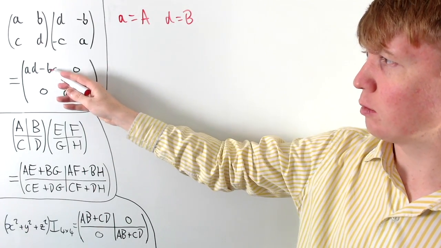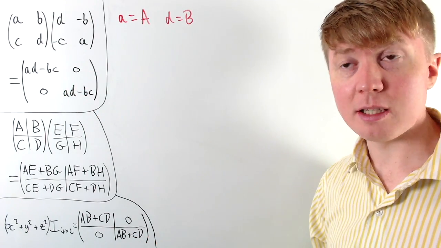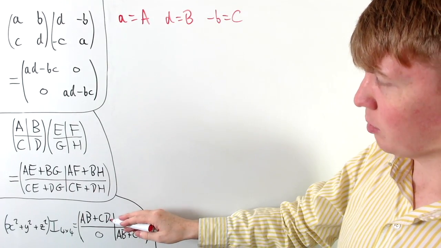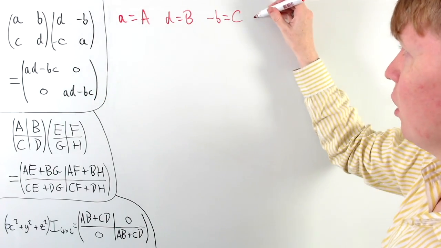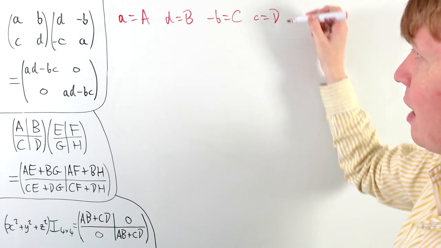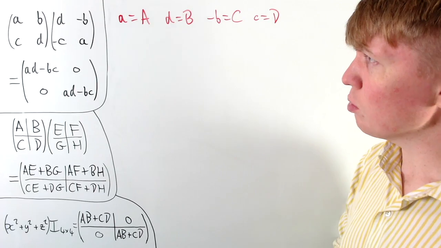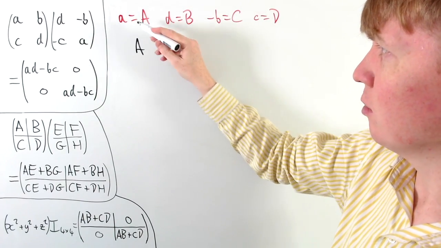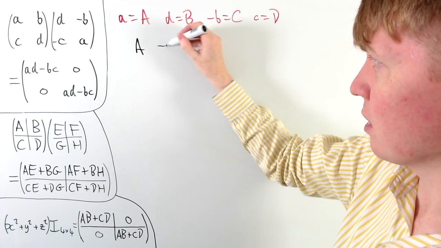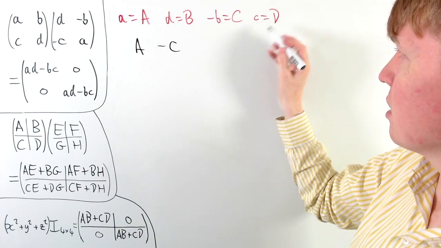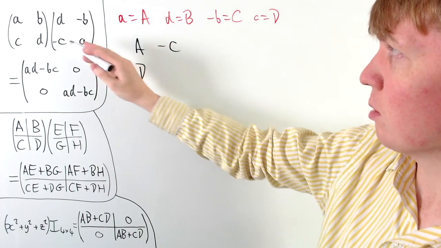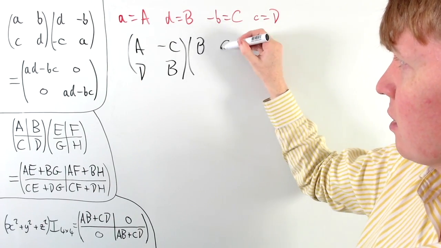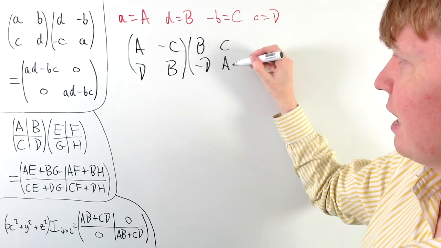We could have negative lowercase b replaced by capital C, and finally lowercase c would correspond to capital D. So then if we substitute this into our abcd matrix, we'd have A for lowercase a, our b would be negative C, lowercase c would be capital D, and lowercase d becomes B. Then we'll multiply this by B, C, negative D, and A.